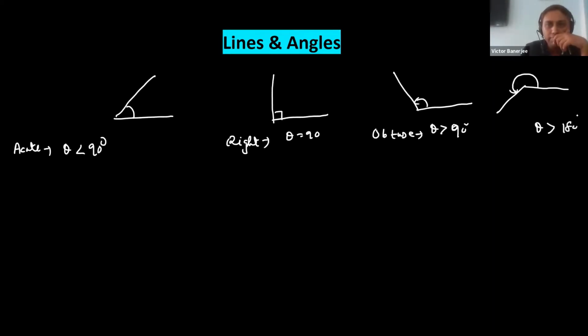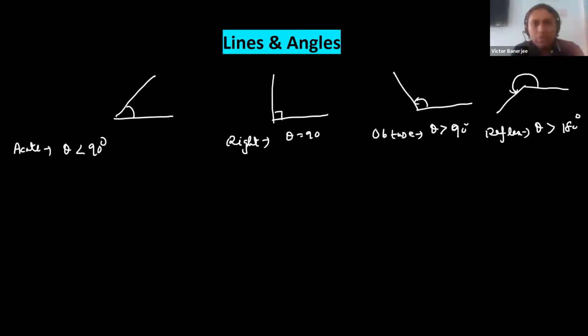Guys, in your exams they ask very basic questions. They might give you this angle and ask what it is called, with four options: acute, right angle, obtuse angle, and another option which should be reflex angle. So this angle is a reflex angle. More than 180 degree is a reflex angle.